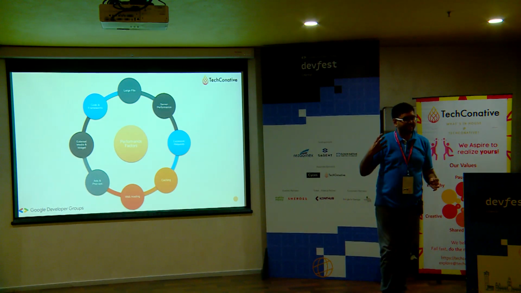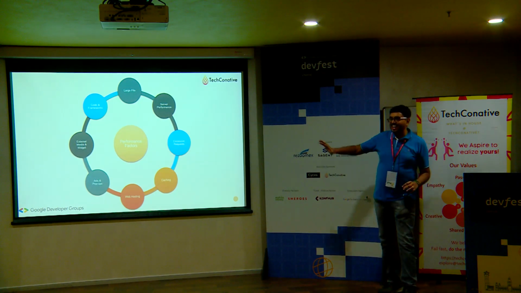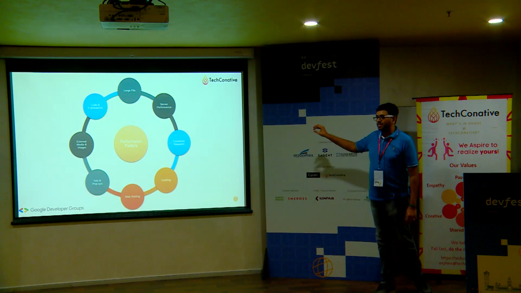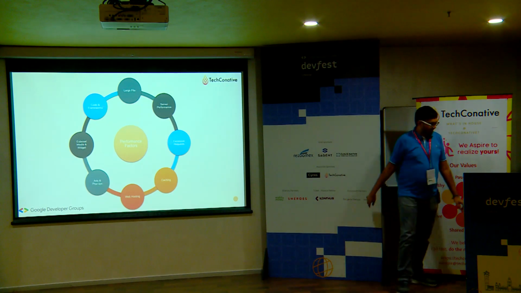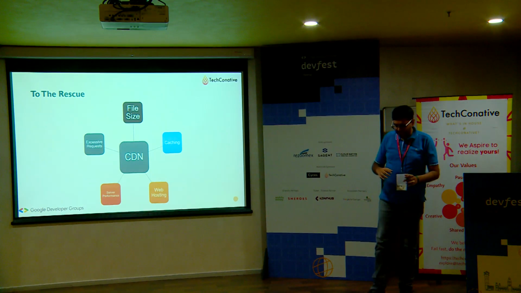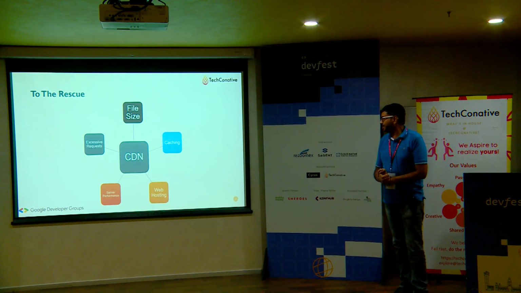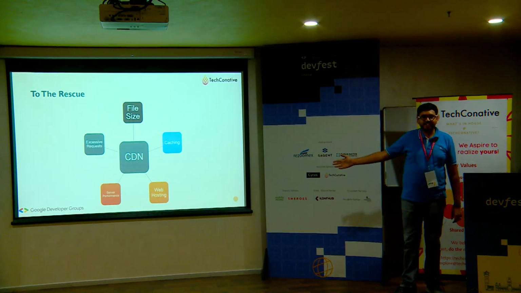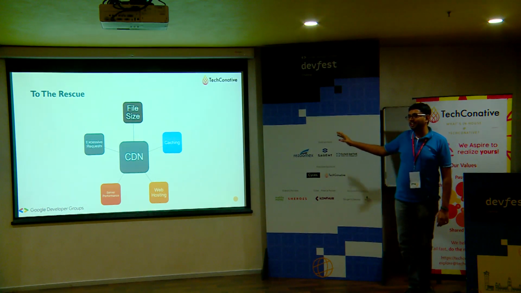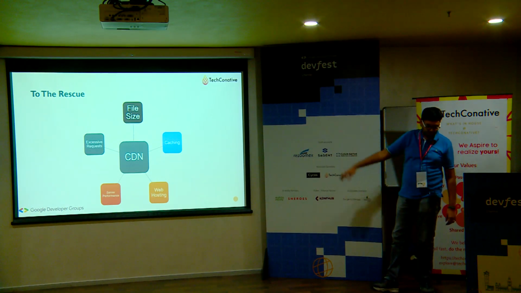For various reasons, we keep adding them into our websites, and we finally end up with slow performance. So with all those, as I said before, out of the 8 that we saw in the previous slide, CDN can help me fix 5 of them, and I'm relying on CDN to at least address those 5 things.